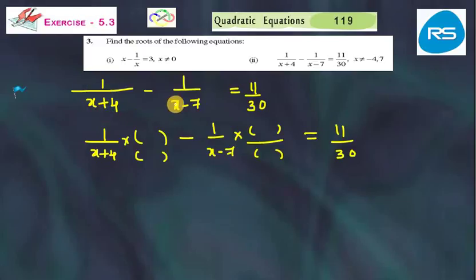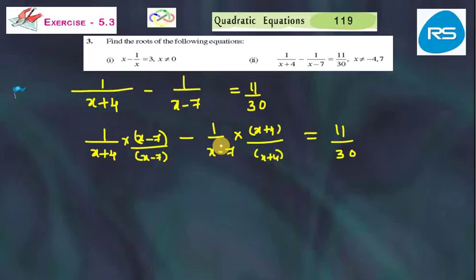To simplify this, to make it the same denominator, the first denominator we have to multiply with the next denominator, that is x minus 7 by x minus 7. Here also same thing. The denominator is x minus 7. The next denominator is x plus 4 by x plus 4.